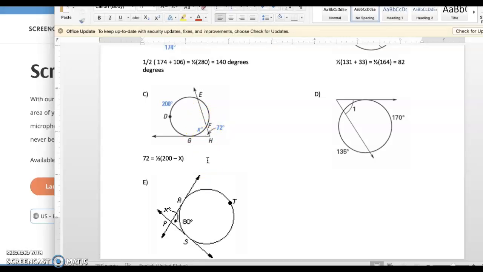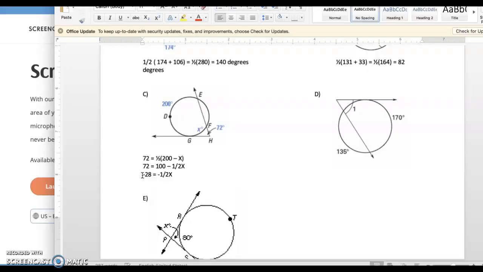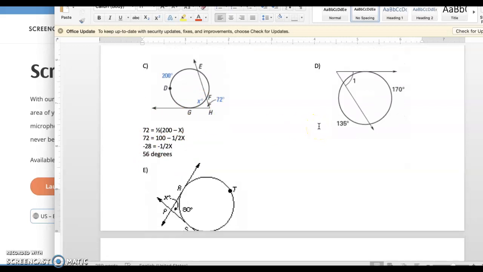Then I would distribute, so I have 72 is equal to 100 minus 1/2 X. What I would then do is subtract 100 from 72, and we're at negative 28 is equal to negative 1/2 X. Then to get X by itself, you'd multiply by 2 on both sides, or negative 2, so we're canceling out the negatives, and we're going to be at 56 degrees for angle X. So again, just plug in what you know and work backwards from there.